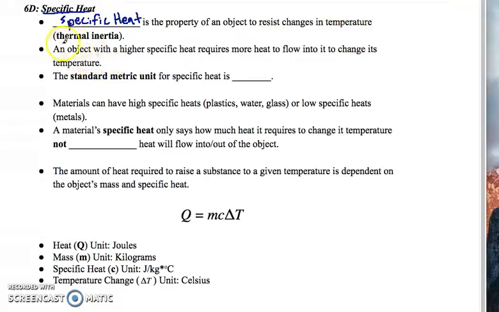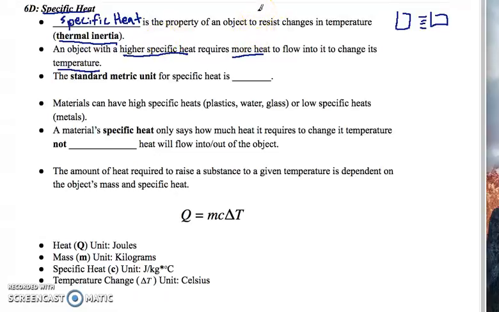Another way you could think of that is thermal inertia. Normal inertia, if you have lots of inertia the way we normally think about it, it's hard to change an object's motion. If you have higher specific heat, that means you're going to need more heat to change your temperature. So basically, the resistance to changes in temperature is specific heat.